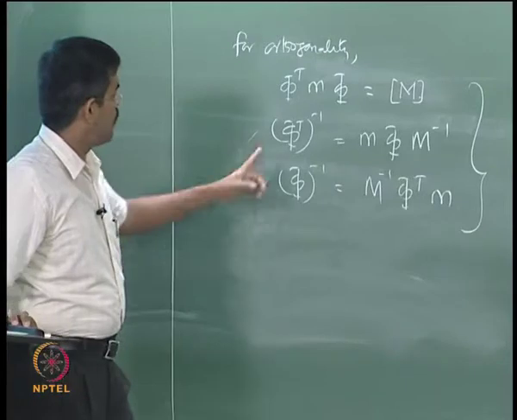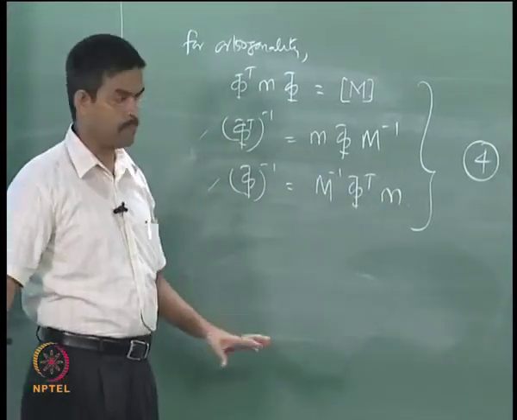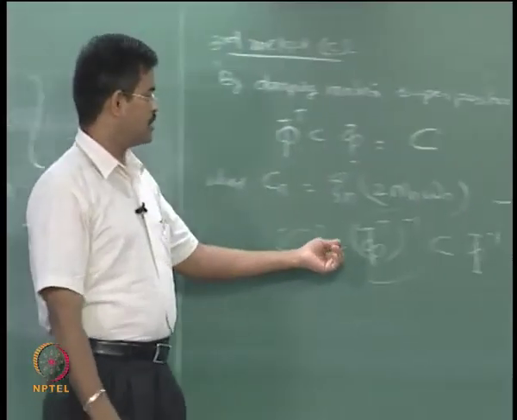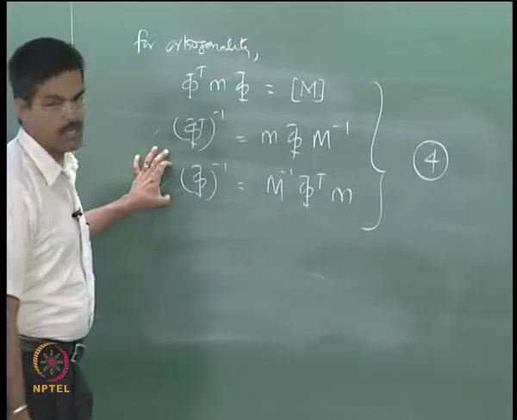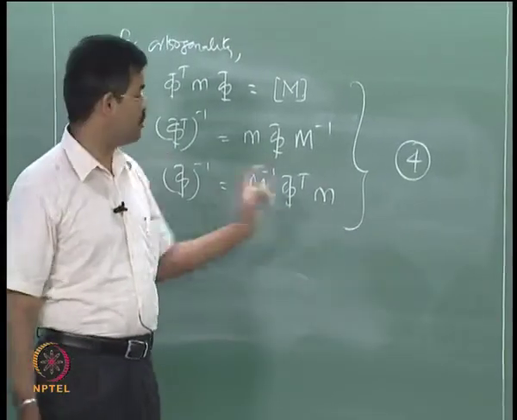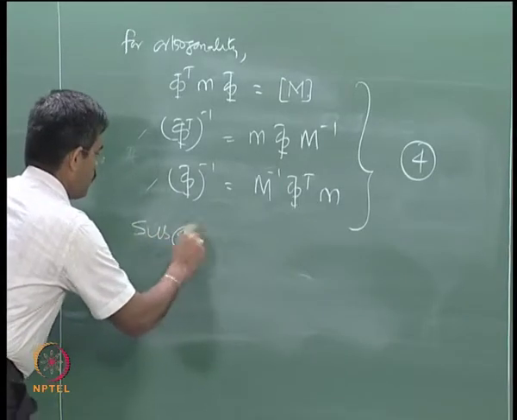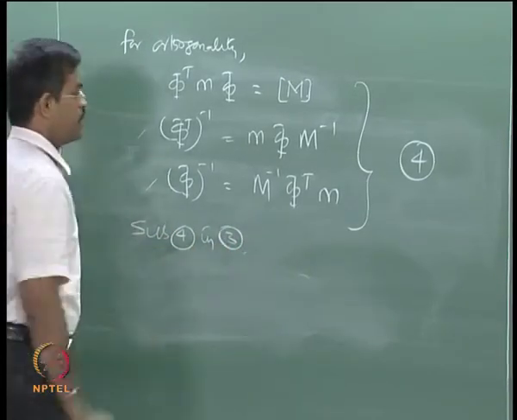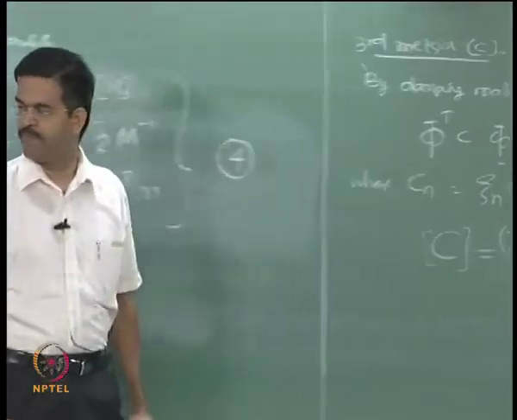So the phi transpose inverse with the mass matrix, pre multiplied and post multiplied, is simple compared to an overall inversion of the phi transpose matrix. I can easily do these two steps and find C. So let us substitute equation 4 in equation 3, substituting phi transpose inverse and phi inverse, and get C.